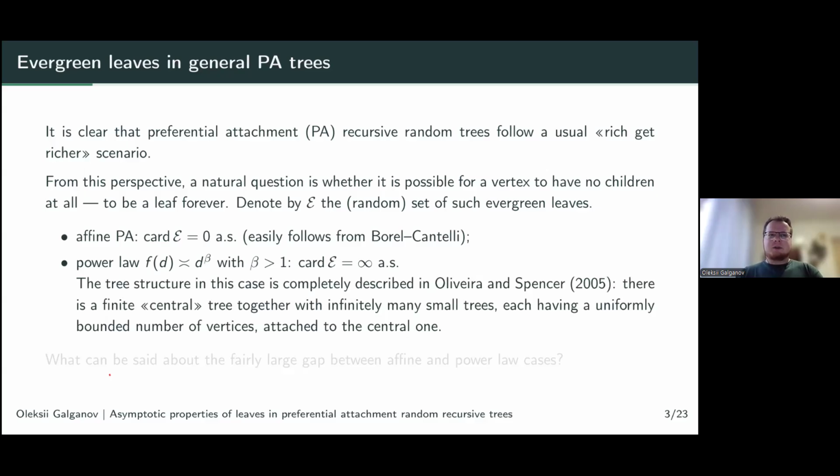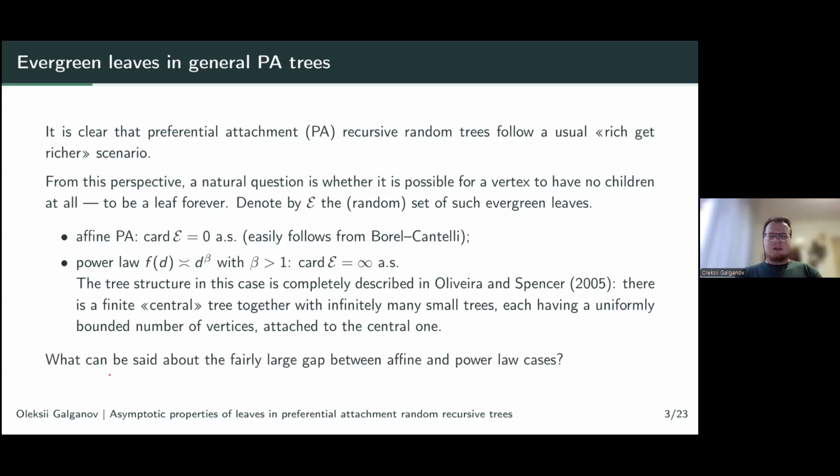What's even more interesting is that in this case the tree structure is quite special, and it's described in the work of Oliveira and Spencer. There is a finite central tree with infinitely many small trees attached to it, and each of these small trees has a uniformly bounded number of vertices, and they all attach to the central one. So there are infinitely many of these trees attached, but each of them has a finite, bounded number of vertices.